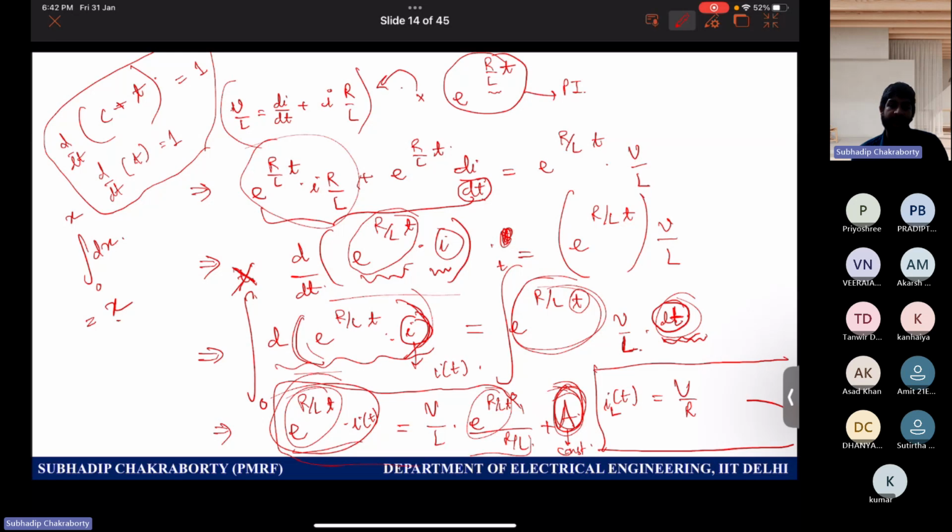Then what will come? Yes, please solve. Plus A e to the power minus r by L into t. But we don't know A. How to determine A? Can anyone tell me?